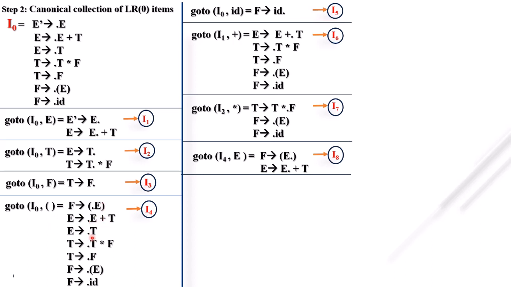Next one is I4 of T. So what is I4 T? We have to shift this dot from here to here. So you see this E tends to T dot already has a name, that is I2.